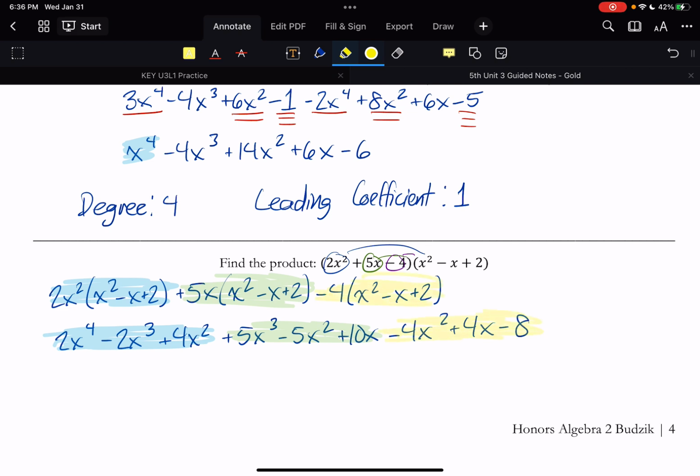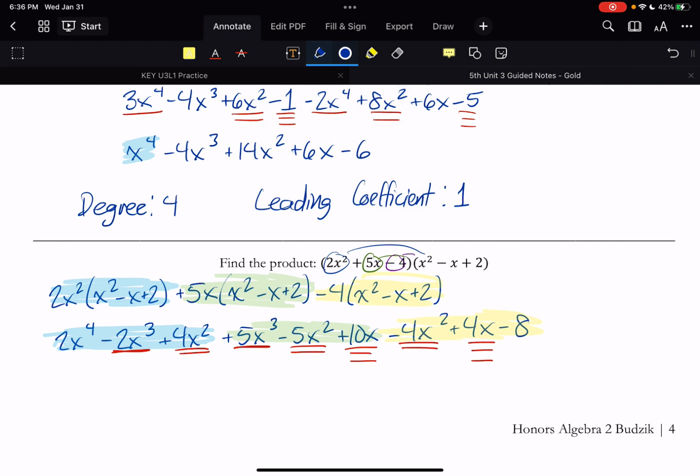And now after I have all this multiplication, I'm just combining my like terms. So I have negative 2x cubed, 5x cubed, positive 4x squared, negative 5x squared, negative 4x squared, 10x, and 4x. And that's what I'm able to combine.